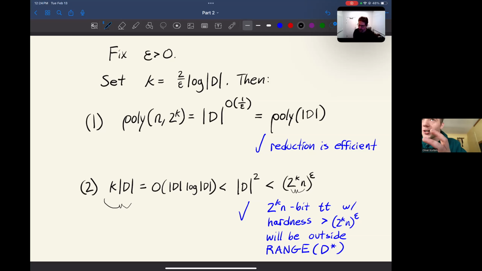I think that's a really interesting question, and hard to imagine there are more reductions. For this specific time-space result, I don't know the model you have in mind, but for any model that's a lot weaker than Turing machines, it would not be clear to me how to adapt this.